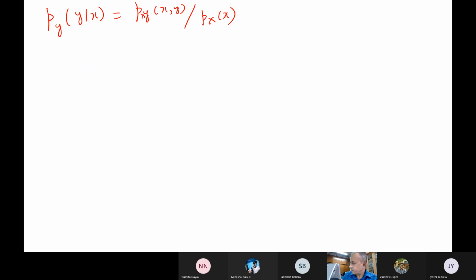Moments. Now how do you calculate moments, the first moment or second moment? What is the mathematical operator we used?